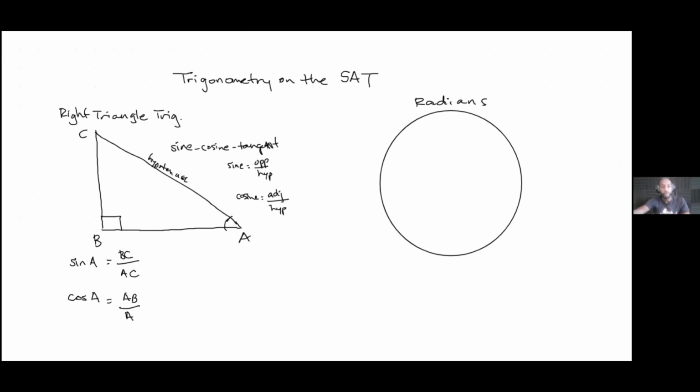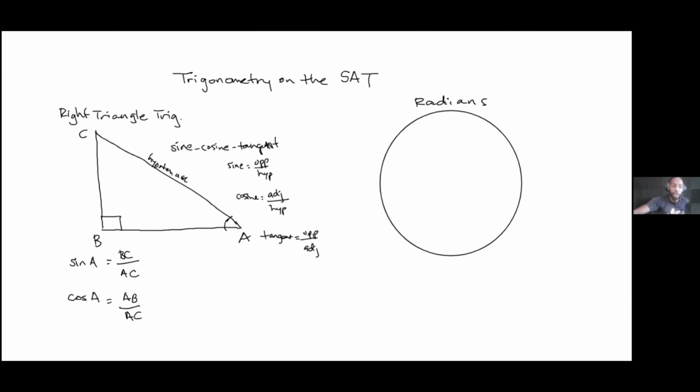And then tangent of an angle is opposite over adjacent. In other words, the tangent of an angle is a ratio of the side length opposite the angle to the side length adjacent to the angle.